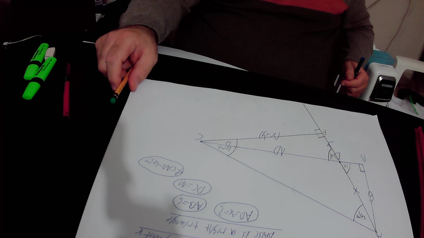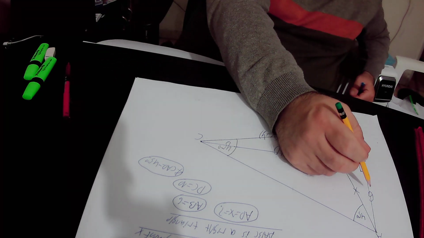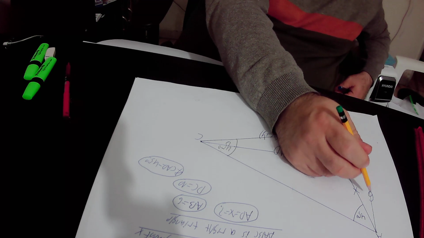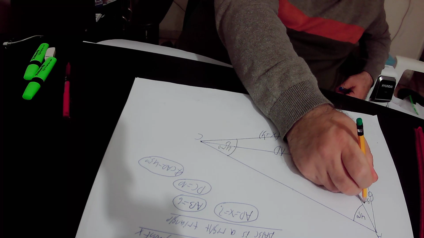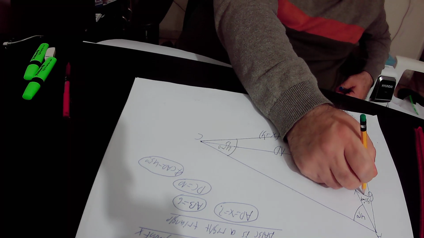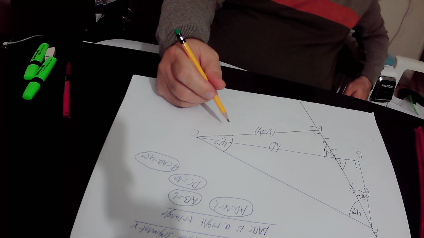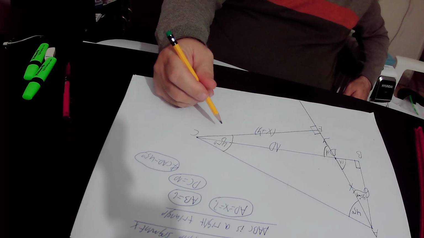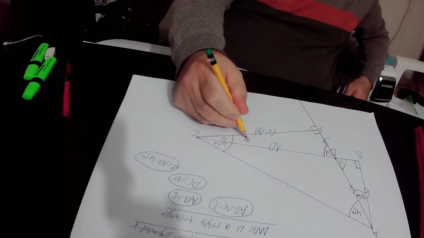And therefore angle BAD equals 90 degrees minus alpha. And angle ECD also equals 90 degrees minus alpha.